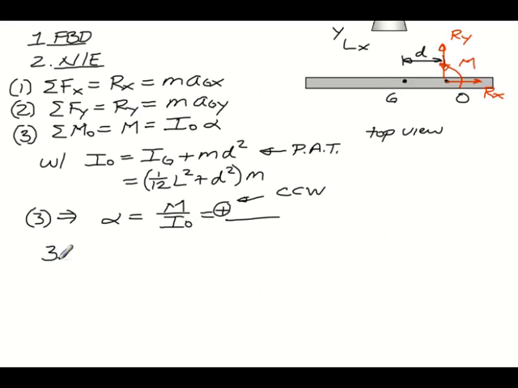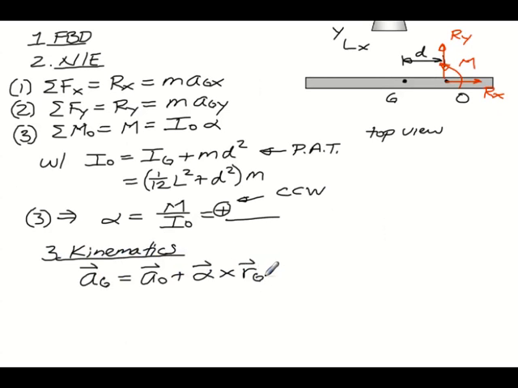So the kinematics that we need, what we'll do is relate the motion of G back to the pin motion of O. So aG is equal to aO plus alpha crossed r from O to G minus omega squared r of G with respect to O. It says that it's released from rest with that applied torque, so omega is 0.